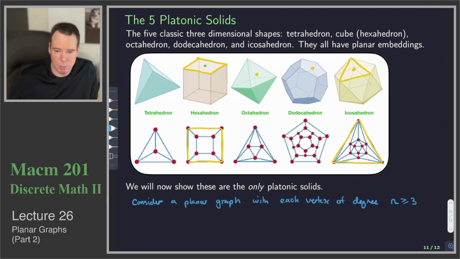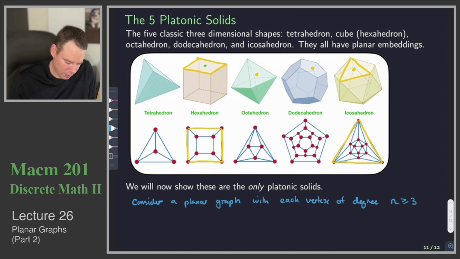So they all have the same degree. So whether you're in the first graph where they all had degree 3, or you're in the last graph where they all have degree 5, the idea is that you've just got a graph where each vertex has the same degree. So we call this n regular graph. If all vertices have the same degree, namely n, then we call it n regular.